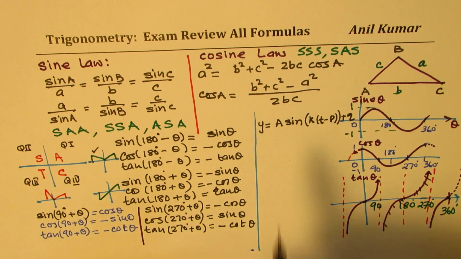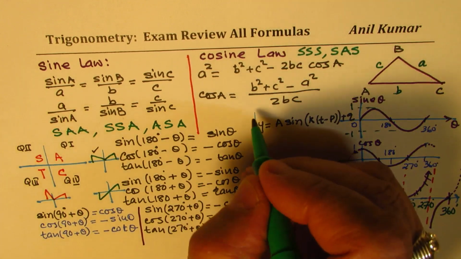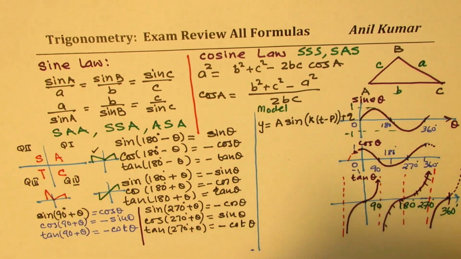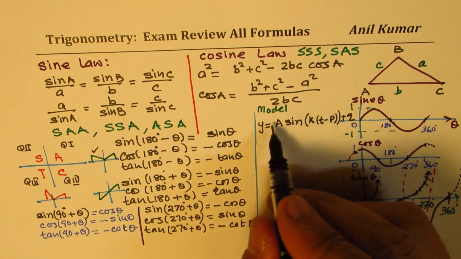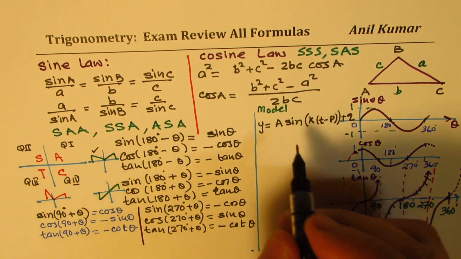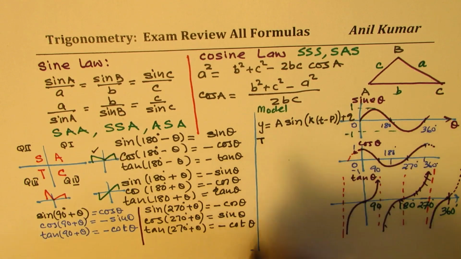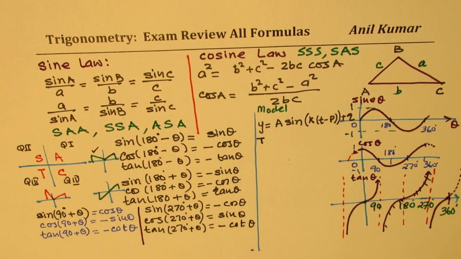So that is modeling. So in any model with sine or cosine, you could have this kind of a situation, correct? In this kind of a situation, time period t and k are related. K is related with time period t, right?